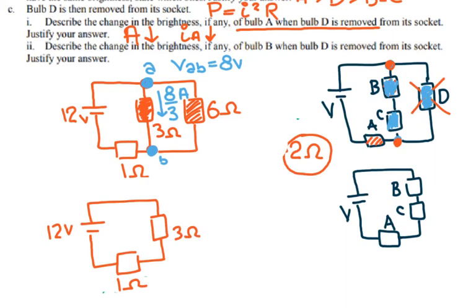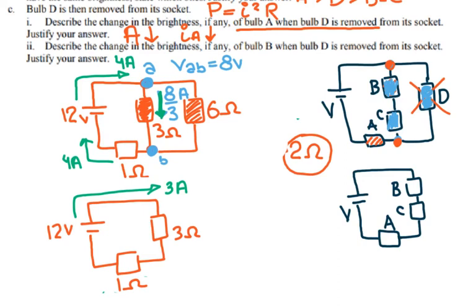We said that in this case my current was equal to 4 amps right here, and the current here is 8 over 3. I don't care about what goes through 6 because they don't ask and it doesn't matter right now. So when I look at the bottom question, my current is now 3 amps because the total resistance is 4. 12 divided by 4 gives me 3 amps.